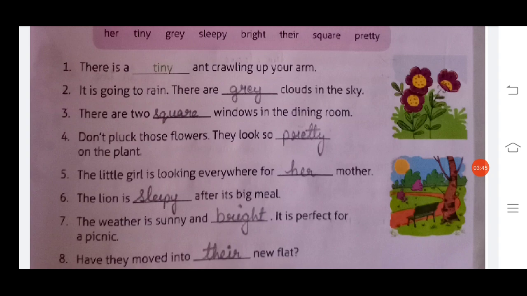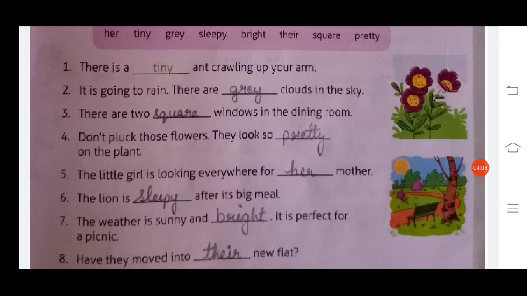Number 3, there are 2 square windows in the dining room. Number 4, don't pluck those flowers. They look so pretty on the plant. Number 5, the little girl is looking everywhere for her mother. This is a possessive adjective.